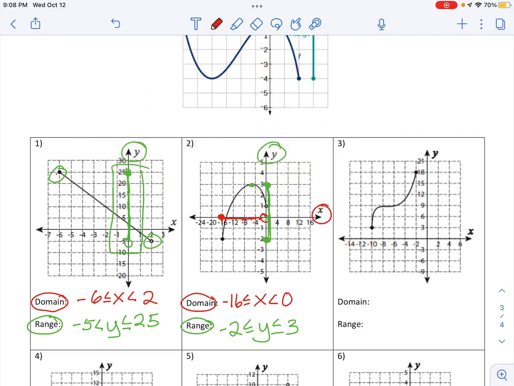Moving on to number 3, starting with the domain, looking at the x-axis. It starts at -10 with a solid circle and continues all the way until -2 with another solid circle. So x's go from -10 to -2. Both are equal to because both have solid circles.